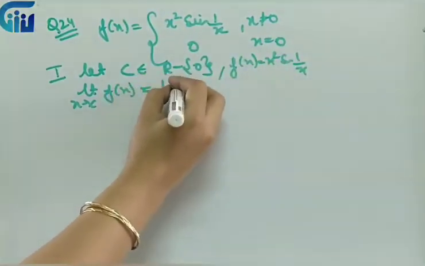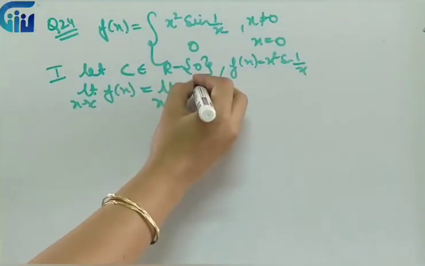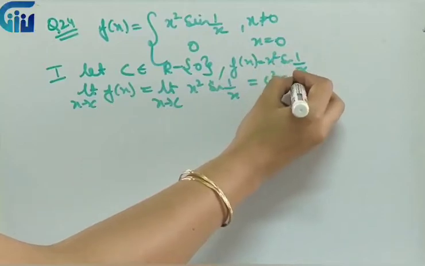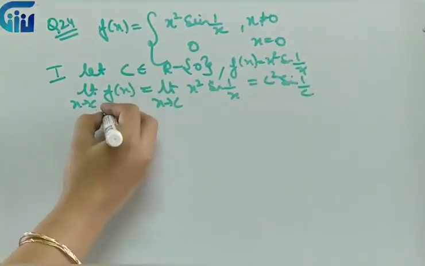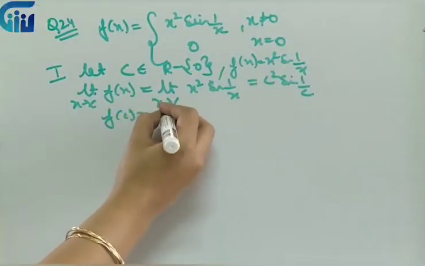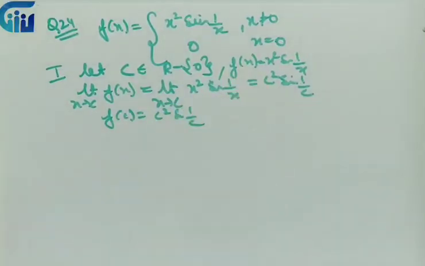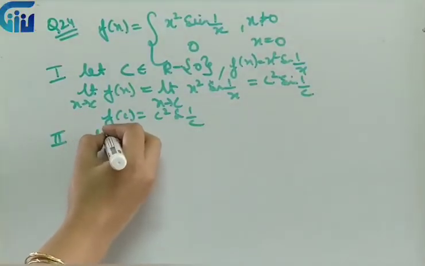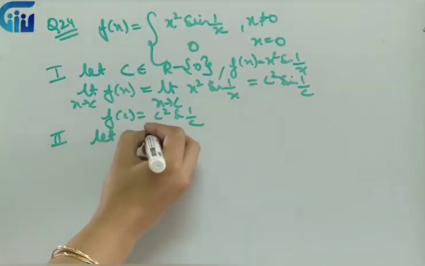So I will say limit x tending to c of x square sine 1 upon x will be c square sine 1 upon c, right? And f of c will also come out to be c square sine 1 upon c. Both are equal, hence it is continuous. So the only crucial point always is the point at which the given value is defined. So we will say now let c is equal to 0.